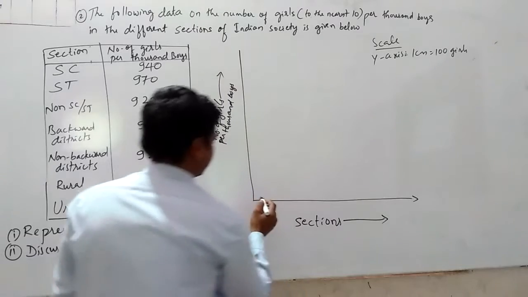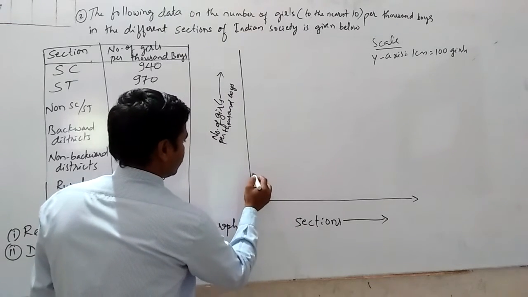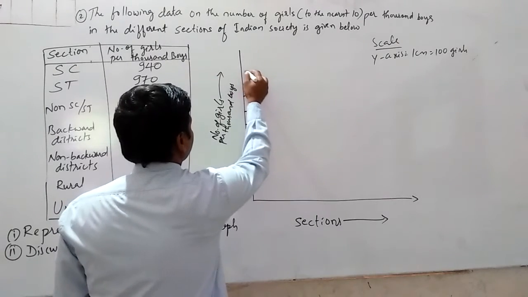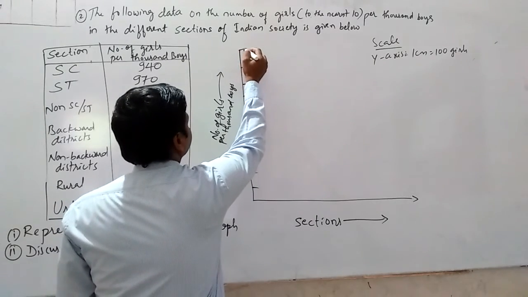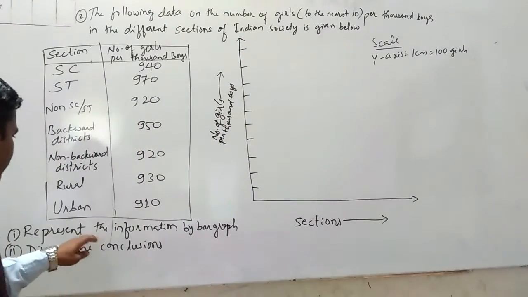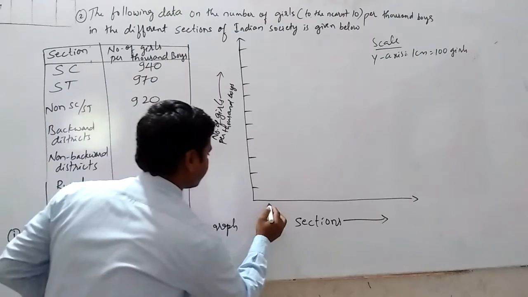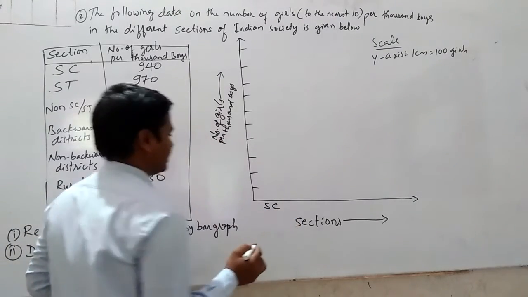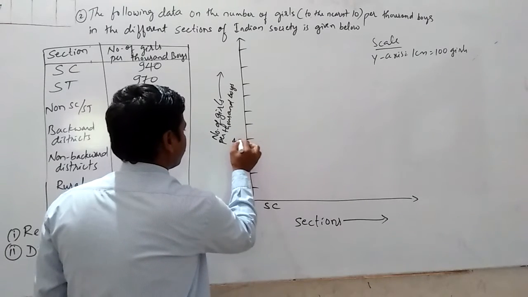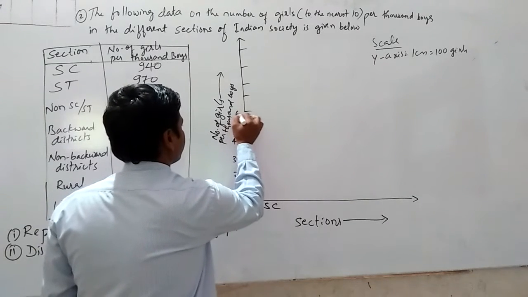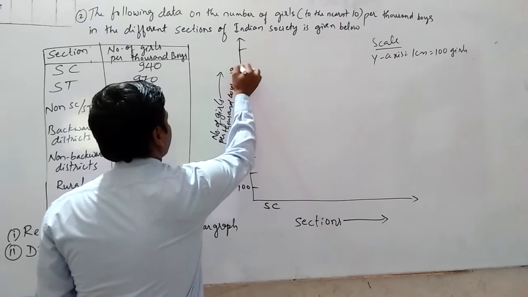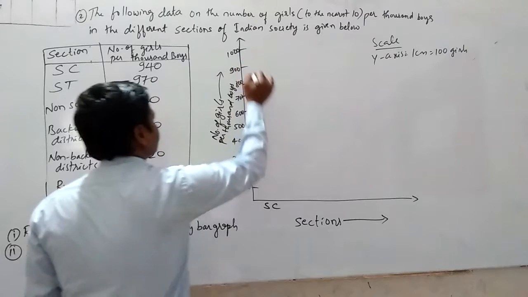So the marks are 100, 200, 300, 400, 500, 600, 700, 800, 900, 1000. We are taking up to 1000 here. Now the first one is SC.